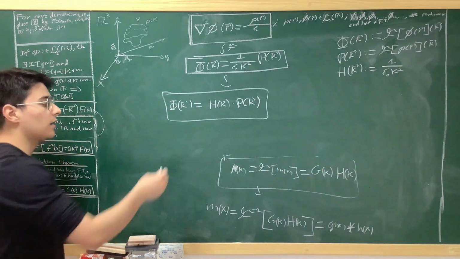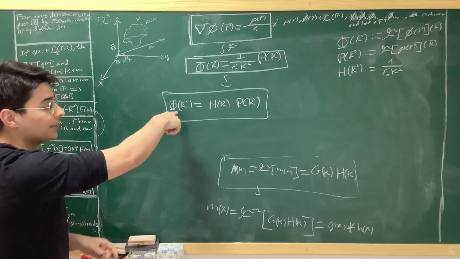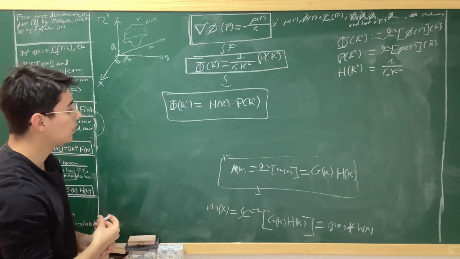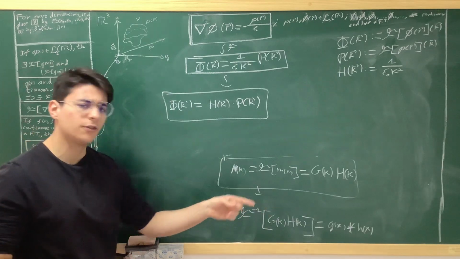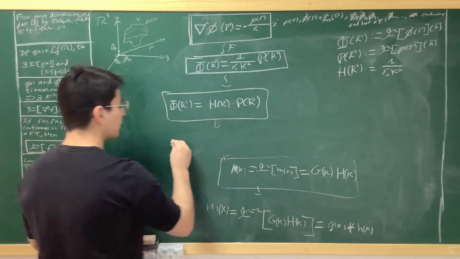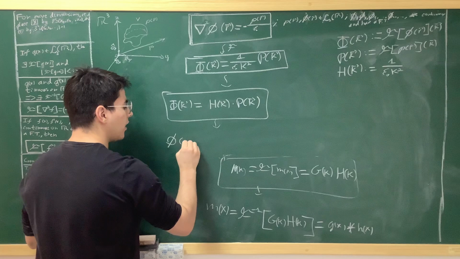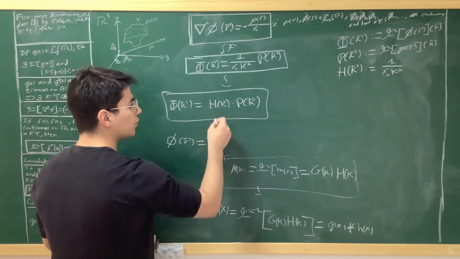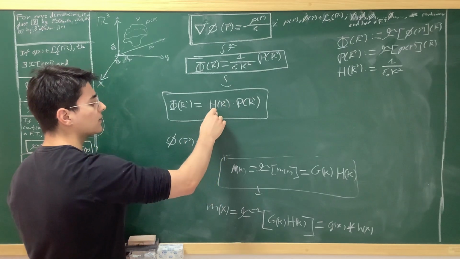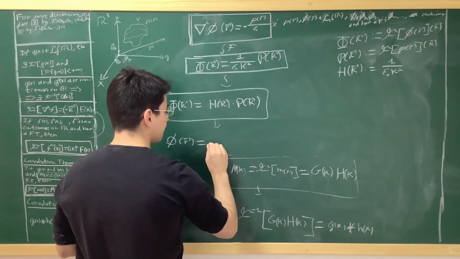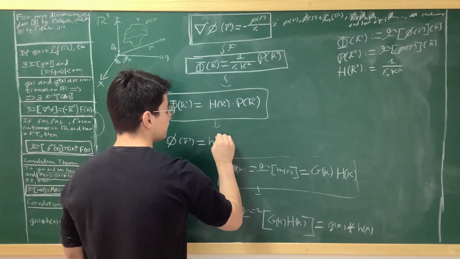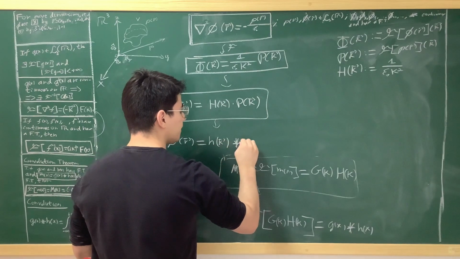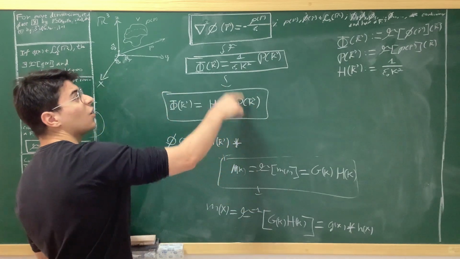So capital M of k just comes from the convolution of two functions. So really, we can say that phi of r is just a convolution of the inverse Fourier transform of this, which would be little h of k, with the inverse Fourier transform of this, which is just rho.